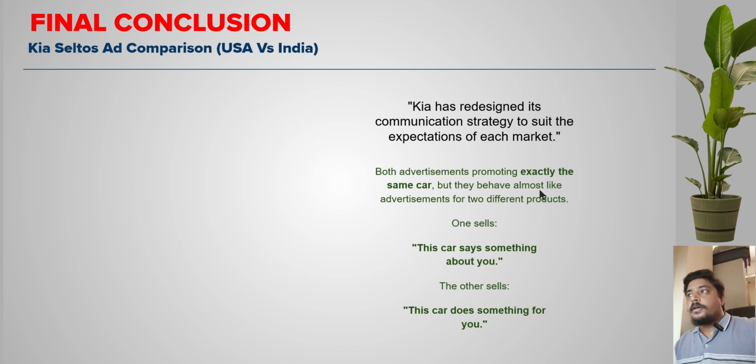So you can say that in the Indian scenario, they are selling that this car says something about you. That means this is their message. This car says something about the person who owns that car. And in the American scenario, they are trying to say that this car does something for you. That means they are more focused on features and how a car owner can utilize that particular product.